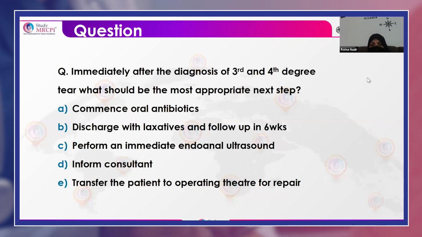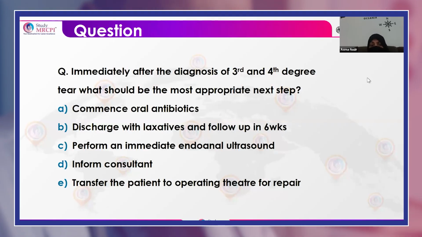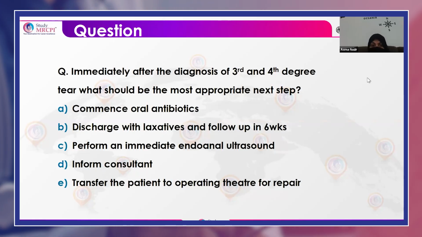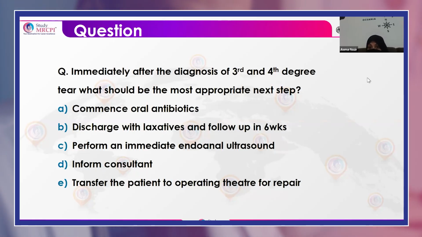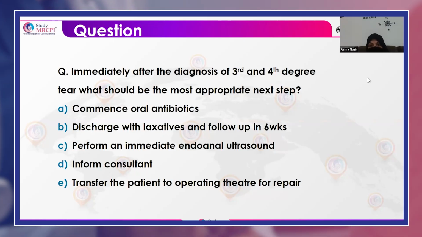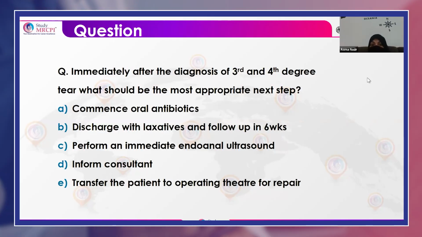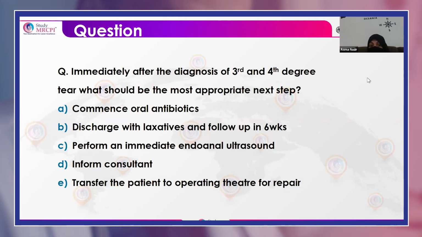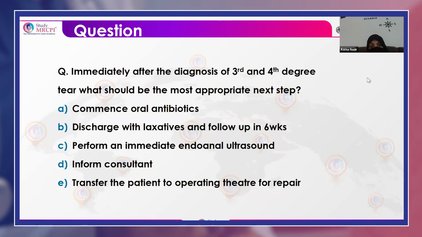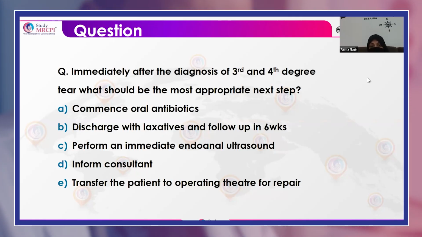Another question is: immediately after the diagnosis of a third or fourth degree tear, what should be the most appropriate next step? We should recall what the most appropriate next steps are when we are going to repair the tear. The options are commence oral antibiotics, discharge with laxatives and follow up in 6 weeks, perform an immediate endoanal ultrasound, inform the consultant, and transfer the patient to the operating theater for repair.